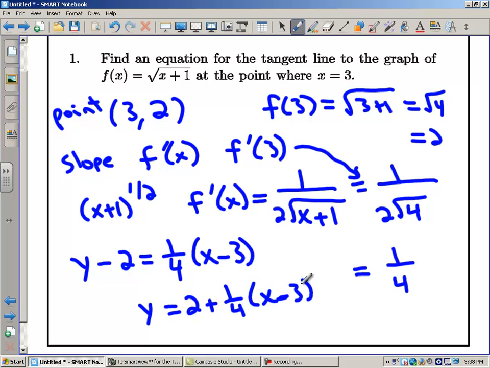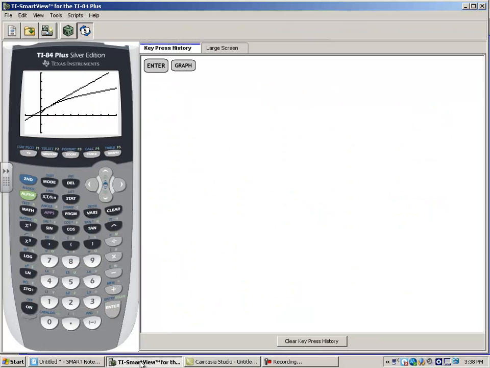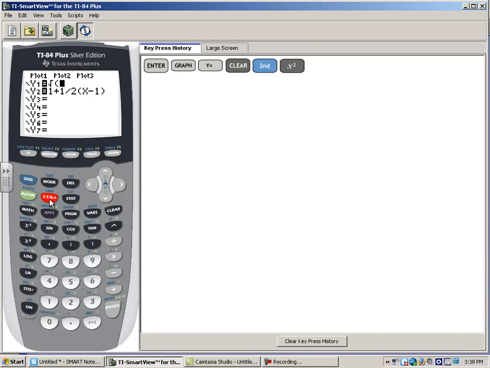Let's go see if we're right. Let's graph it and see if that line really is tangent to the graph of the square root of x plus 1 at the point where x equals 3. So we'll go back to our y equals, and we'll call this the square root of x plus 1.